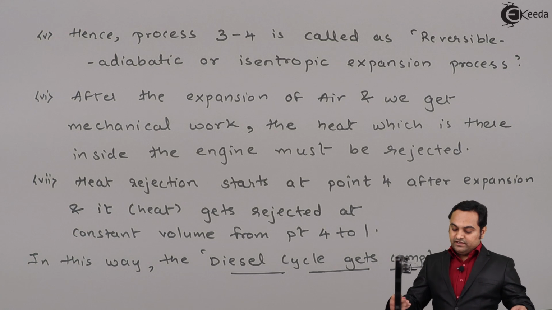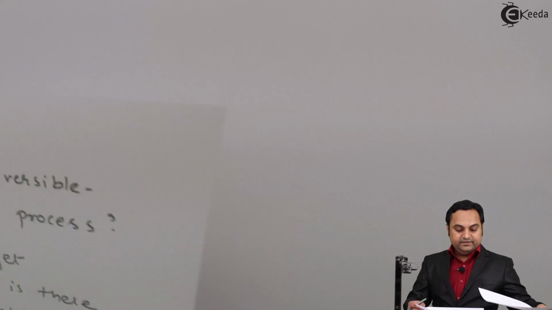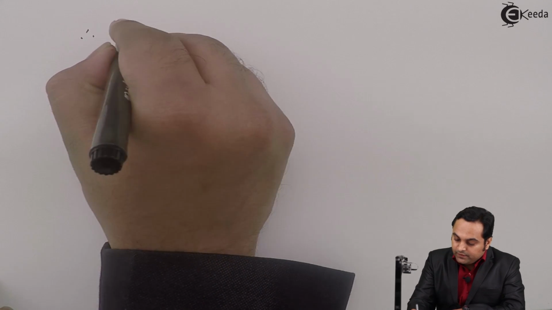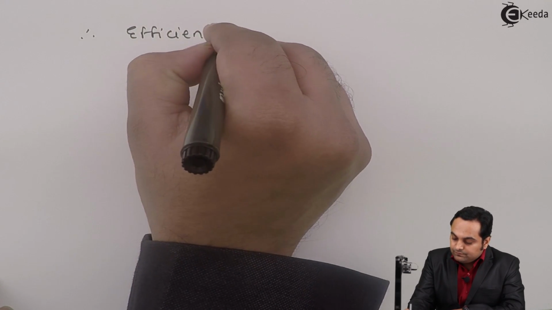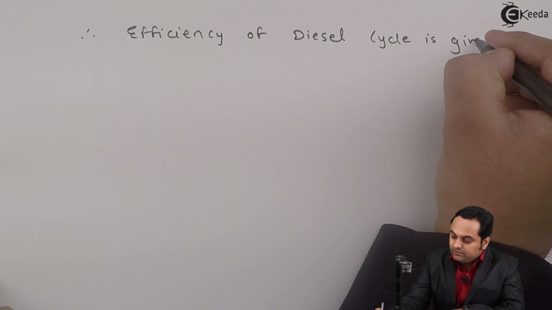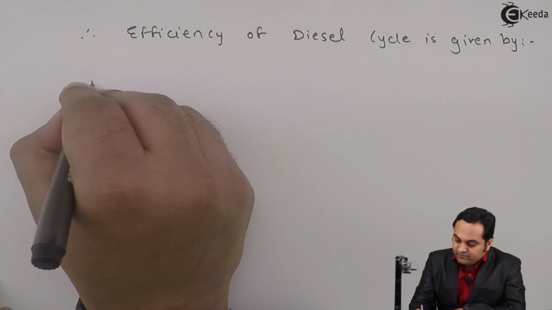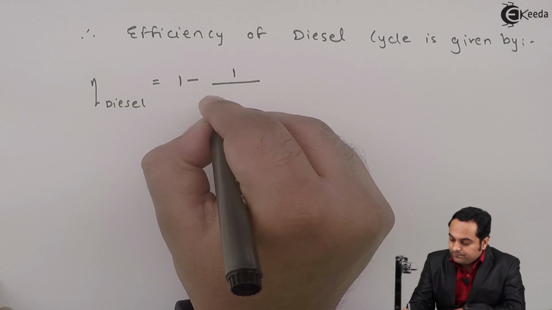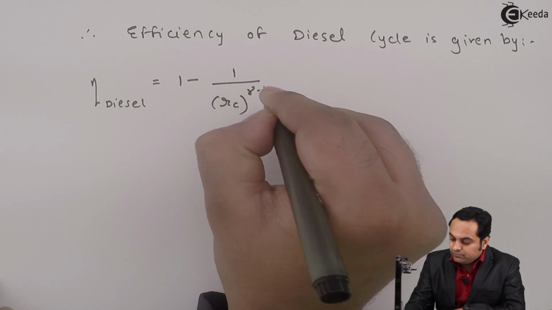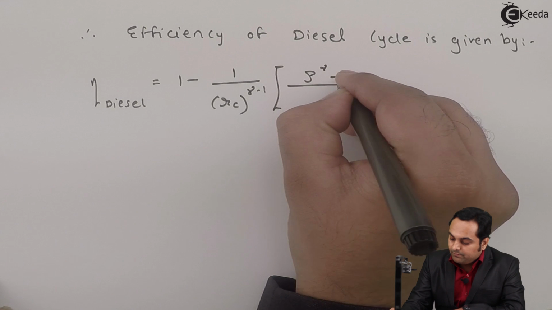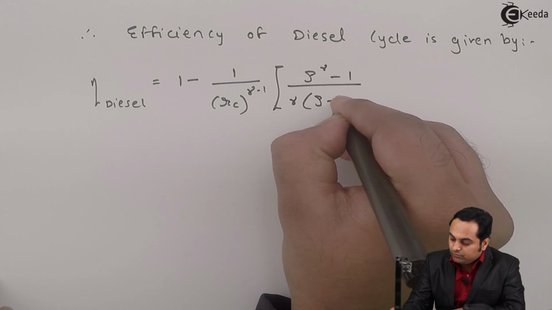And next, once we have completed the diesel cycle, then I can write the formula of efficiency of diesel cycle, and that formula is, I'll write down, therefore efficiency of diesel cycle is given by: efficiency of diesel equals 1 minus 1 upon r_c raised to gamma minus 1, into the bracket rho raised to gamma minus 1 upon gamma into rho minus 1.